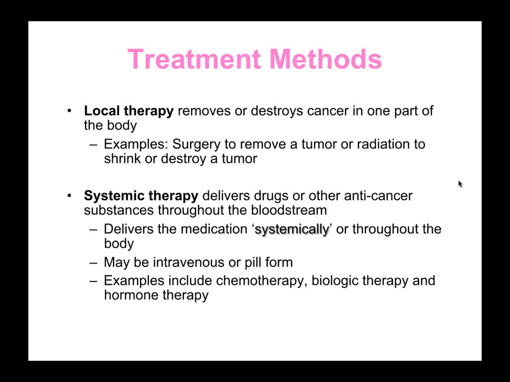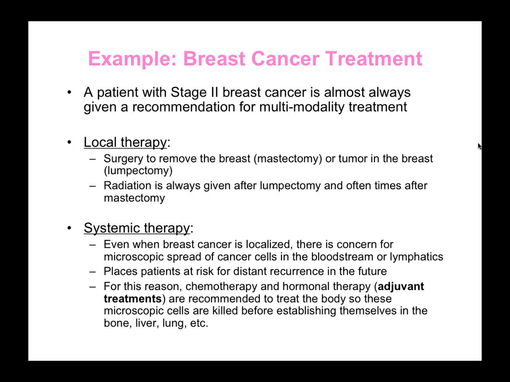These types of treatments may be given intravenously, or IV, through the bloodstream, or they may be in pill form. There are various types of systemic therapies, and they include classic chemotherapy, but also biologic therapies and hormone therapies.